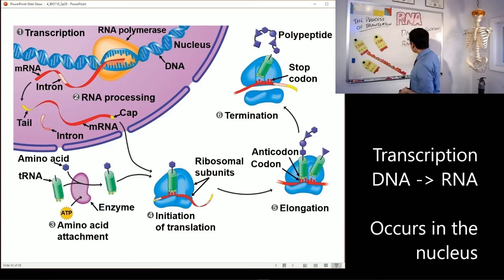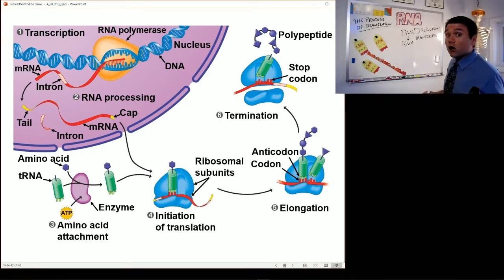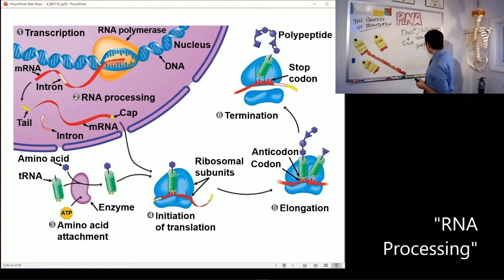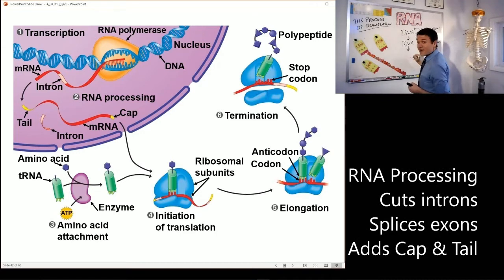When you take DNA and you work it into RNA, that's transcription. So transcription happens inside the nucleus. RNA processing takes place inside the nucleus as well.